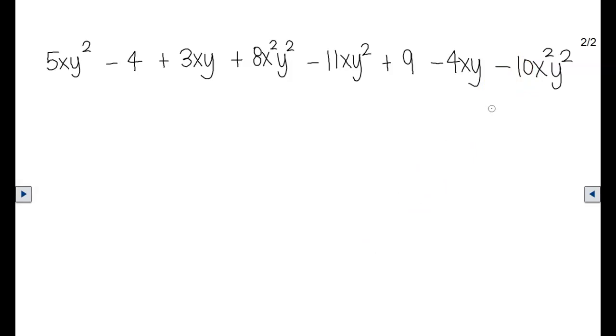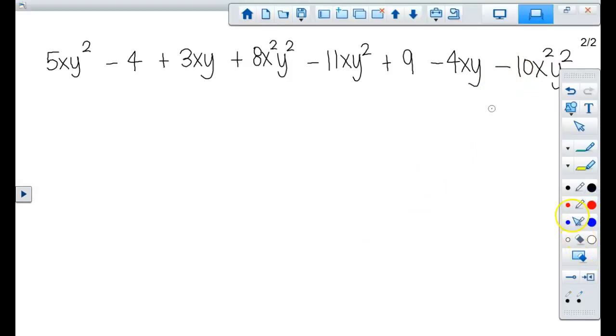We are going to attempt to simplify by combining some of these terms that are alike. So one of the things I want to point out as we start to do this problem is that a lot of the last names up here are similar to each other. Remember that to be like terms, the variable part has to equal the variable part. They have to be identical, so keep that in mind as we're doing this problem.